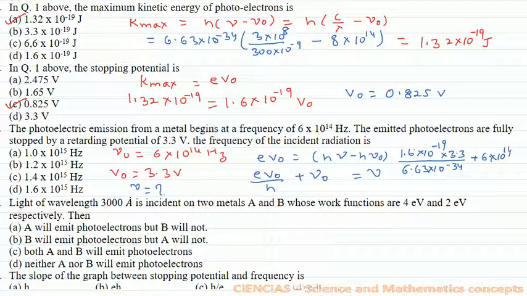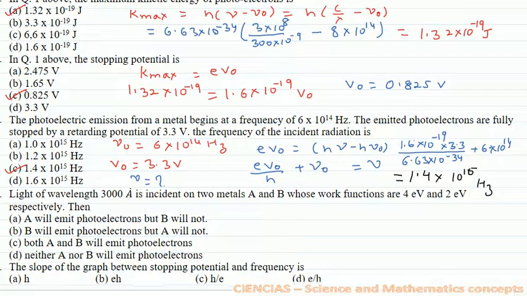On solving this, we get this value to be equal to 1.4 into 10 to the power 15 Hertz. So in the question we see that option C is giving us 1.4 into 10 to the power 15 Hertz.